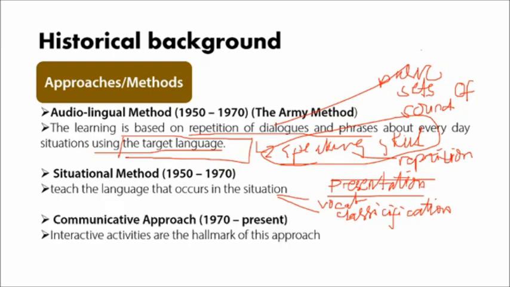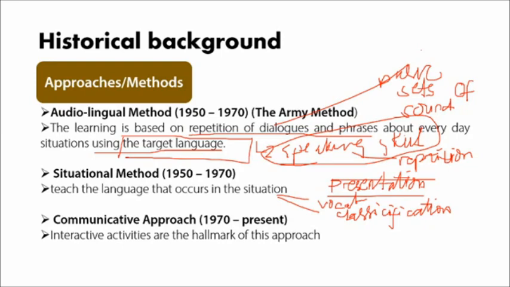So we have here the next one, the communicative approach, from 1970 up until the present time. The interactive activities are the hallmark of this approach. Communication is essentially the rationale for language, and the communicative approach seeks to develop those skills that enable students to meaningfully engage with each other.